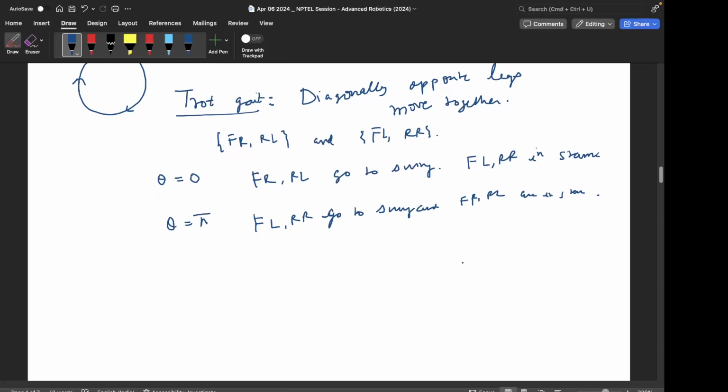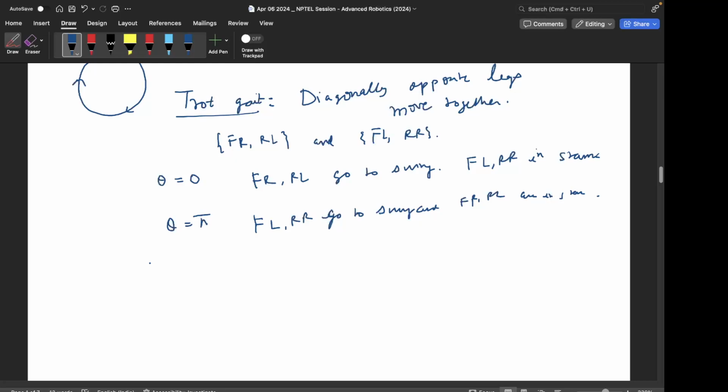So you see there is an offset of pi between these two sets of legs. That is, when one pair of legs goes in swing, the other pair goes in stance, and vice versa. So here the phase offset is pi.